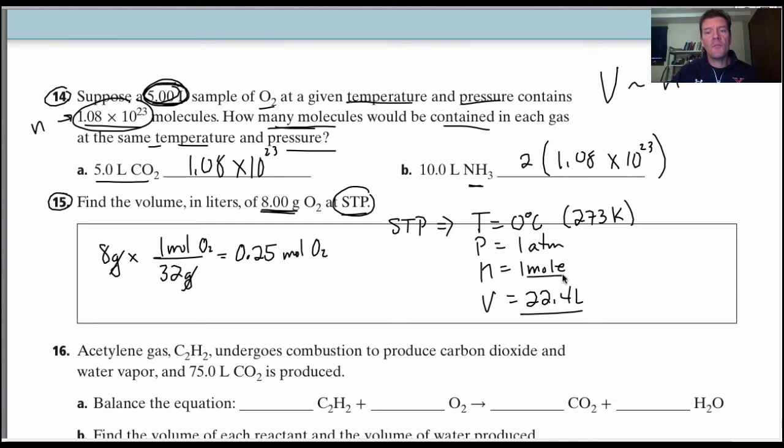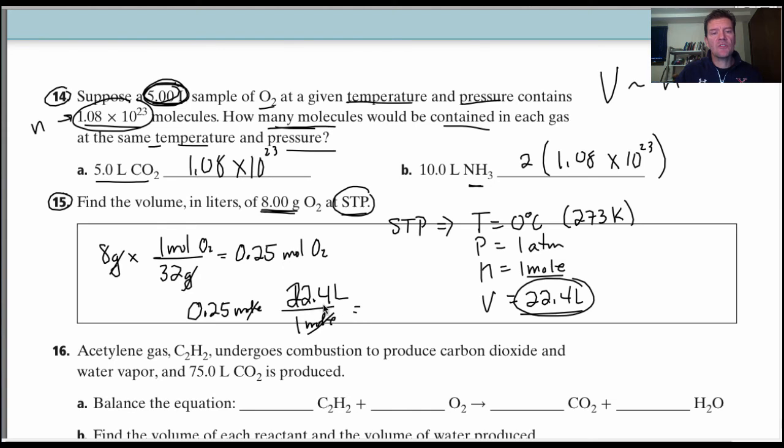Well, if 1 mole has a volume of 22.4, then 1/4 of a mole is going to have a volume of 1/4 of that. 0.25 moles, and I know that at STP, 1 mole has a volume of 22.4. The moles cancel.